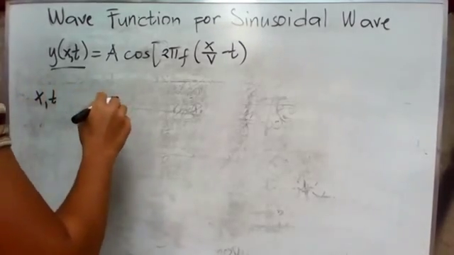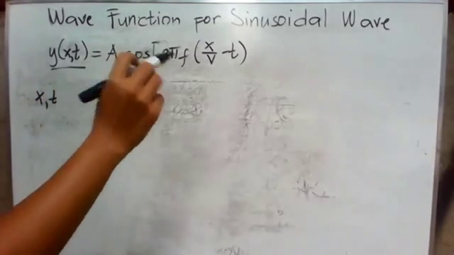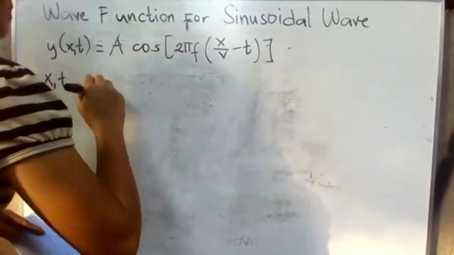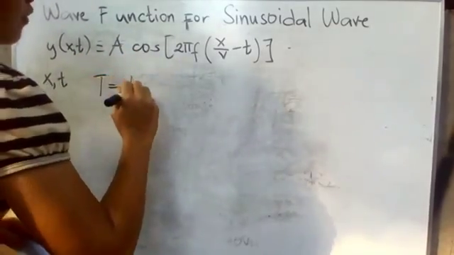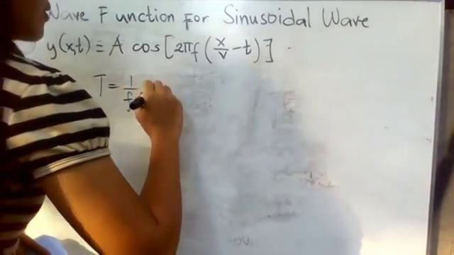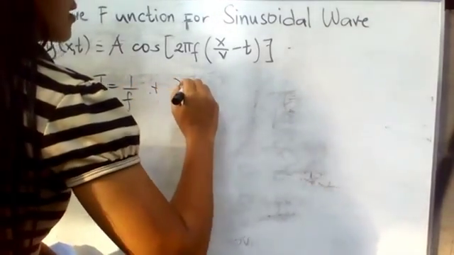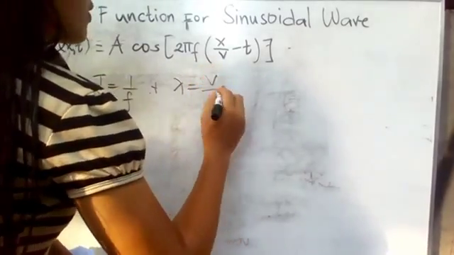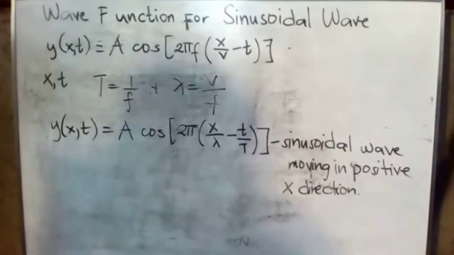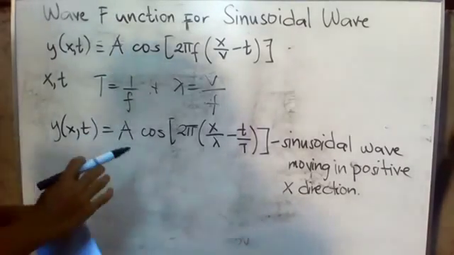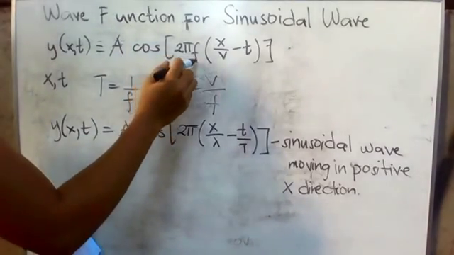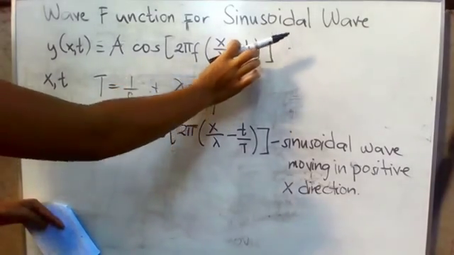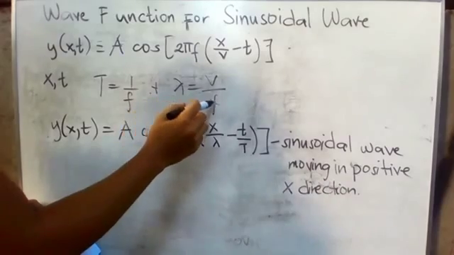So we can rewrite the equation in several useful forms. We can express the period as equal to 1 over its frequency, and the wavelength as equal to the wave speed over its frequency. So substitute the value of f as 1 over T, and substitute v, which is lambda times frequency.